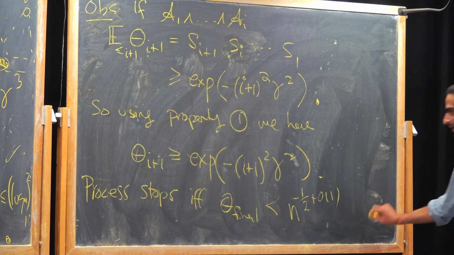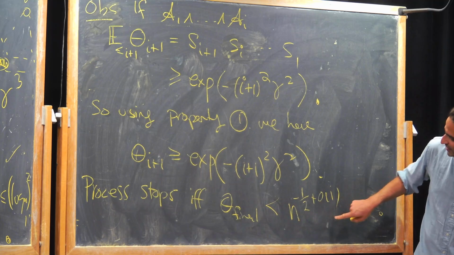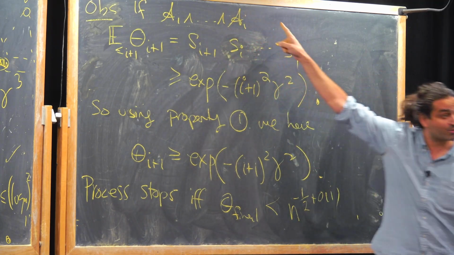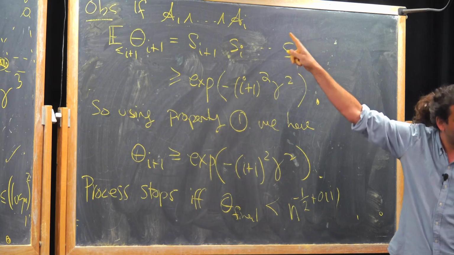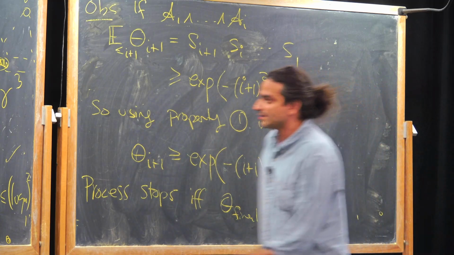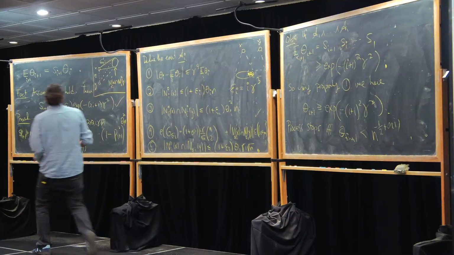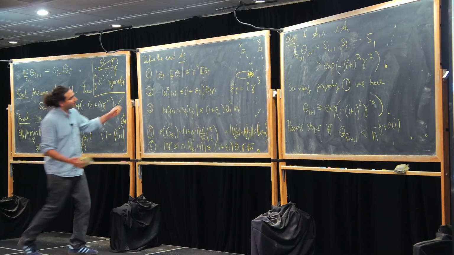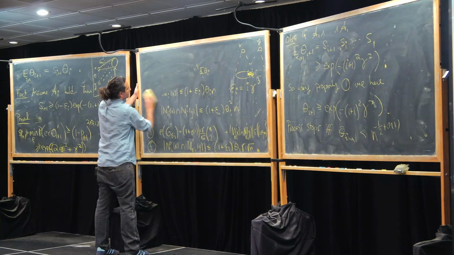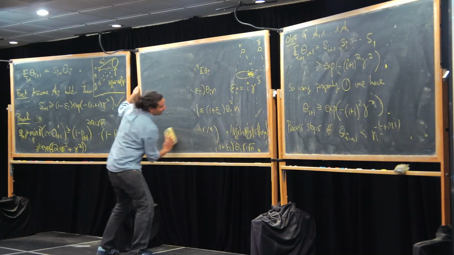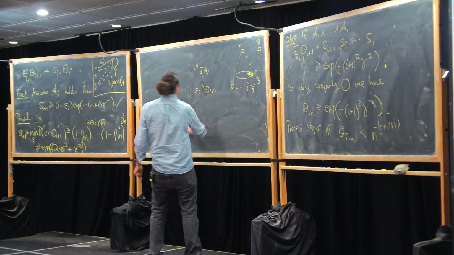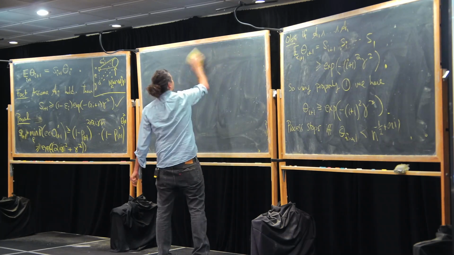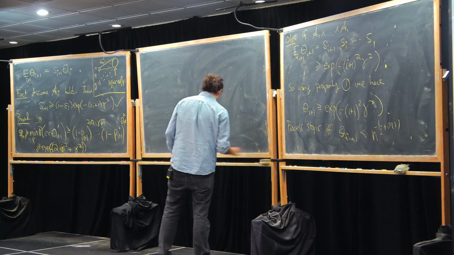I won't check that. But now we just need to compare this business with this business to see when this process will stop, assuming that we can preserve this event A1 up to AI. Maybe I'm a bit too careful about preserving this. So let's just delete this. OK.